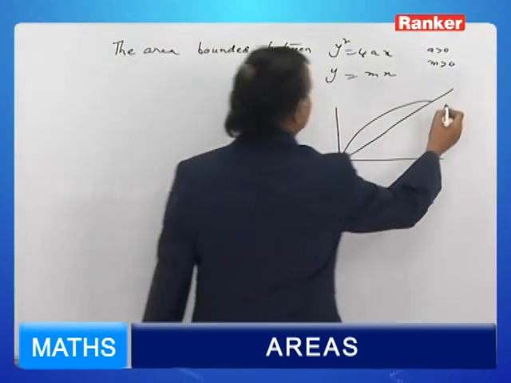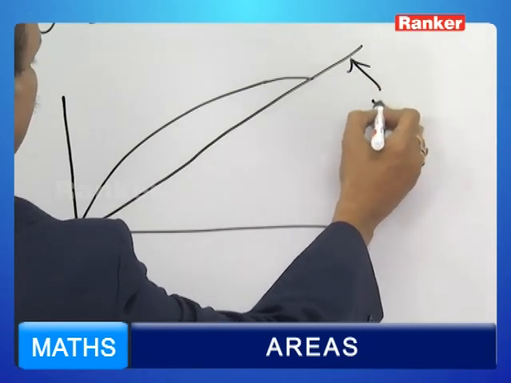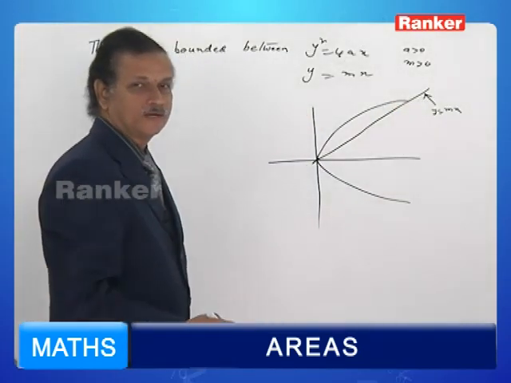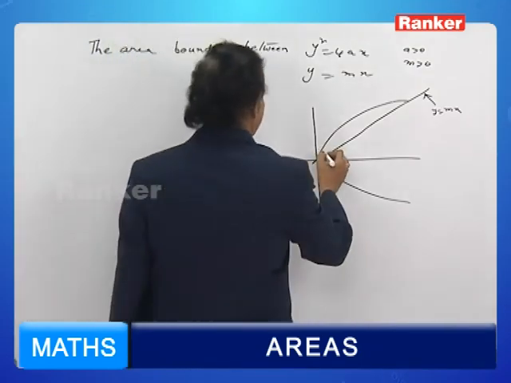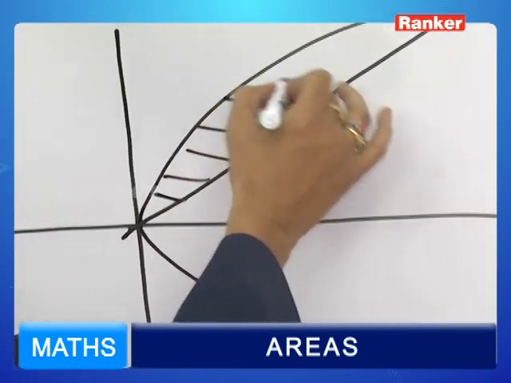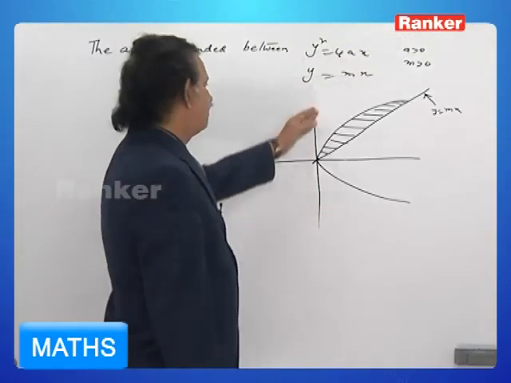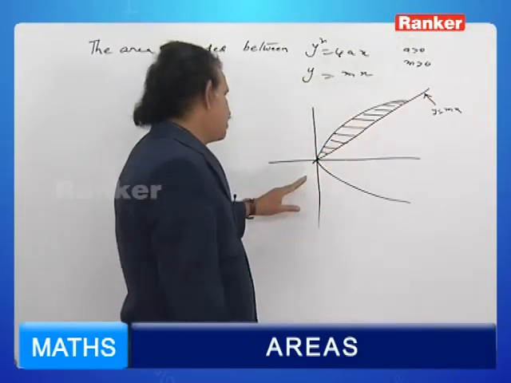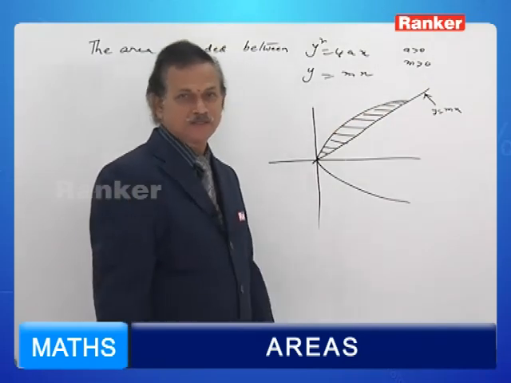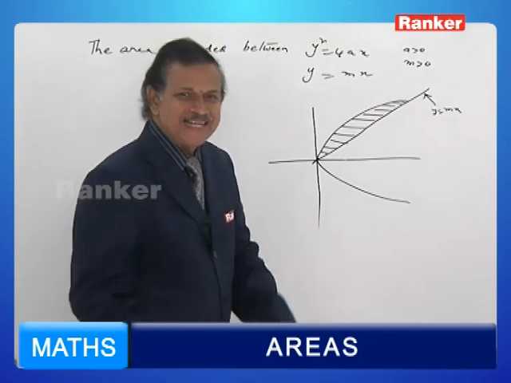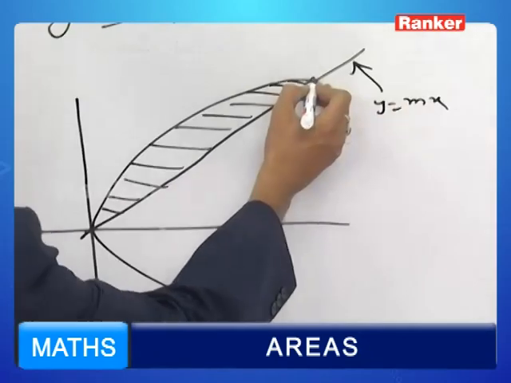This line is y is equal to mx. So we are supposed to have this area. One is f of x, that is parabola, and another is g of x, that is y is equal to mx. So to have this area, we need to have this point.